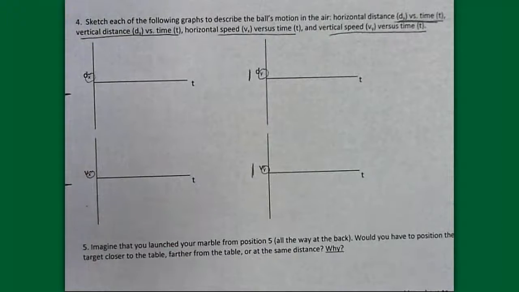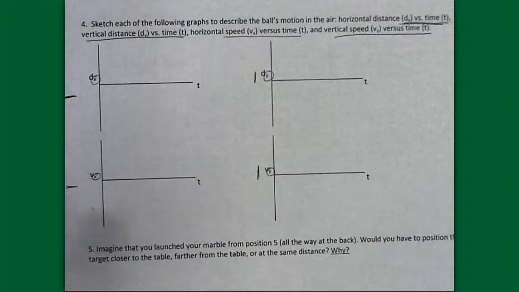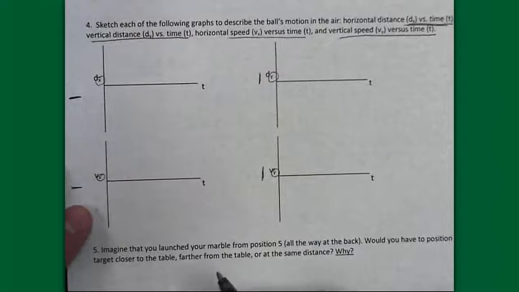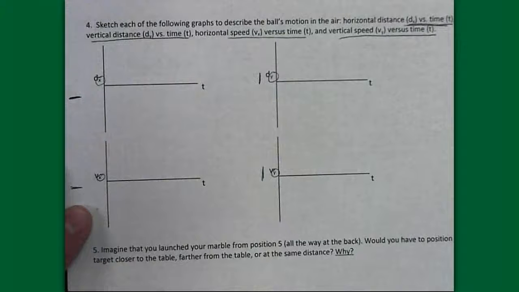So let's first of all review, what do these graphs represent? Slope was one thing that we needed to consider in each of these graphs. Remember that slope represents what in a distance versus time graph? Think about that for a second. What does slope represent on a distance versus time graph, also known as a position or displacement versus time graph? Well, hopefully you remember that the slope represents velocity.